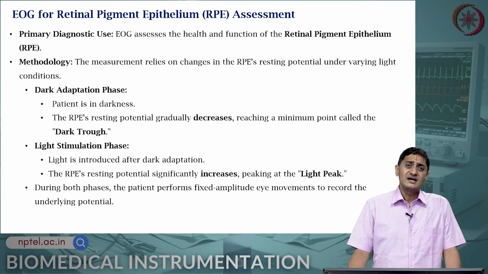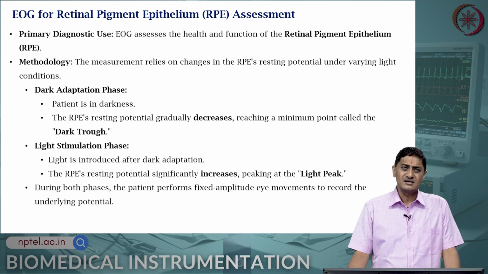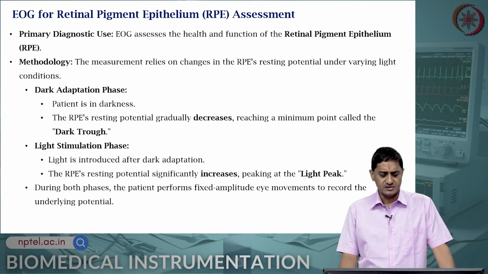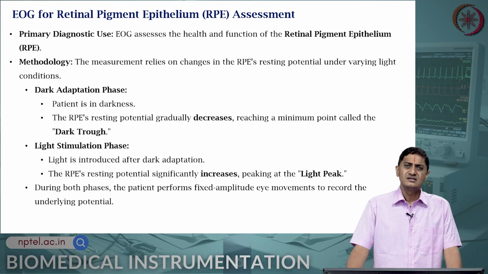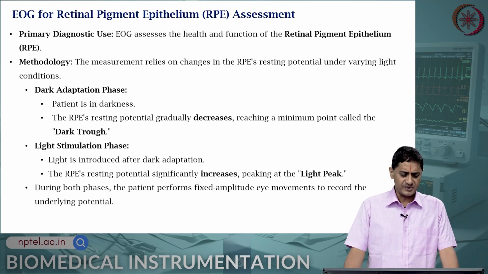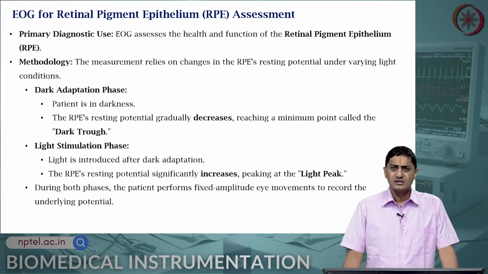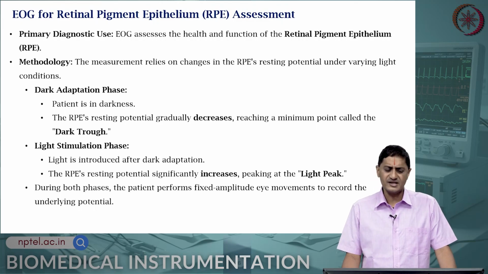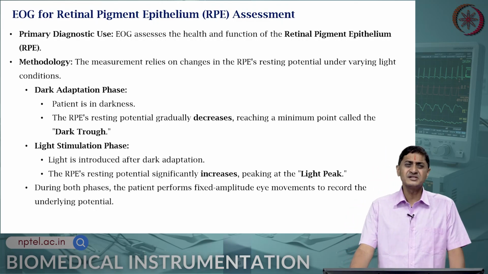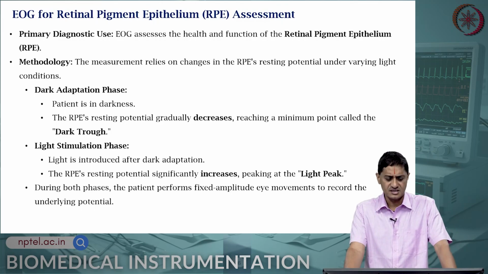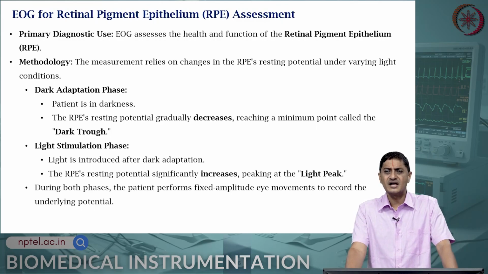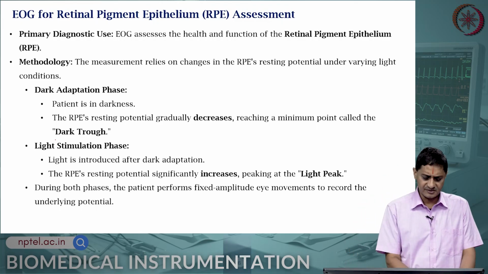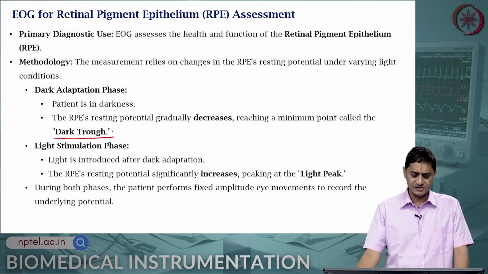We are interested in using EOG to assess the RPE, or retinal pigment epithelium. It is used to find the health and function of the RPE. This EOG measurement depends on the resting potential in the RPE under varying light conditions. If the patient is in darkness, then the resting potential gradually reduces, reaching a minimum point called the dark trough, and then light is introduced.